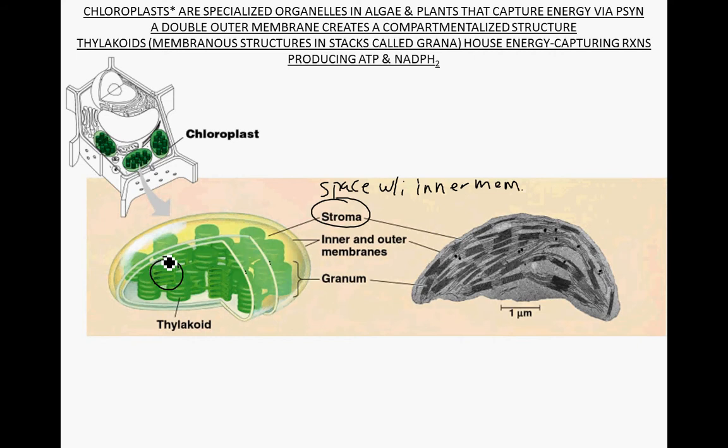So this stack right here, they've kind of sectioned it. And these stacks of membranes, the membranes are called thylakoids. So there's a thylakoid membrane. And then inside of that membrane is another space that's known as the thylakoid space.